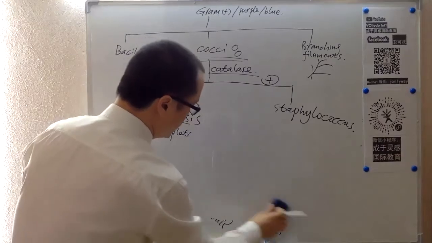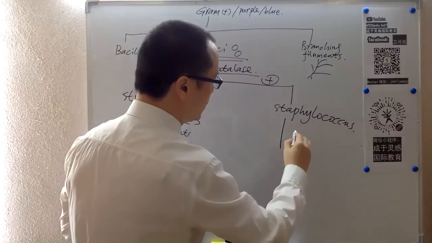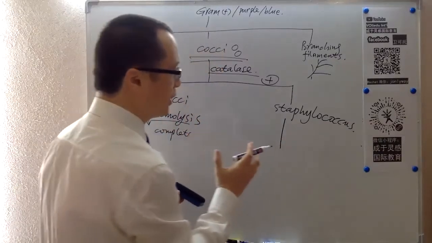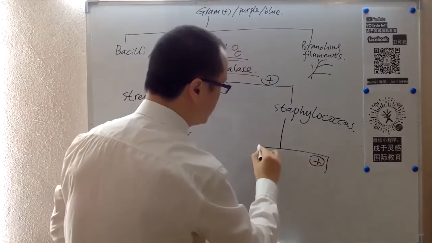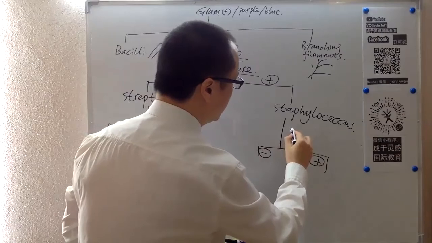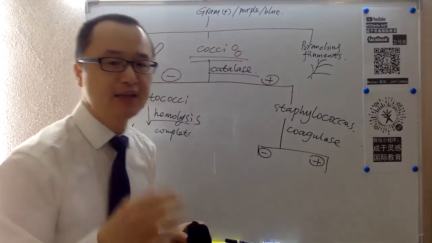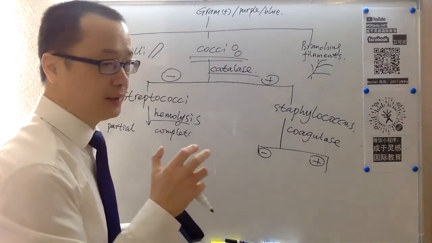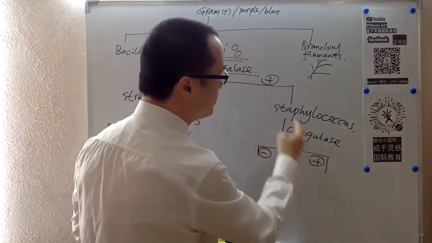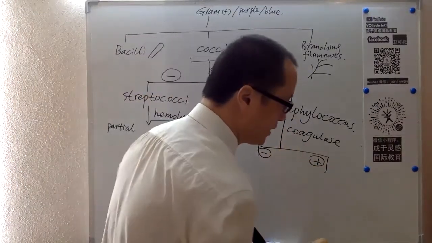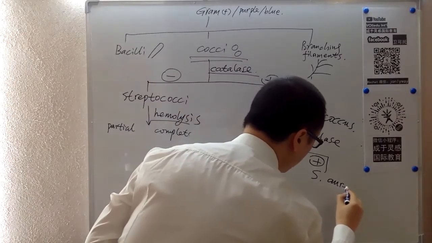As to the staphylococcus, we can further categorize it into positive and negative by coagulase, a kind of enzyme that makes the blood plasma clot. If the bacteria is still sensitive to the coagulase reaction, it is called Staphylococcus aureus.